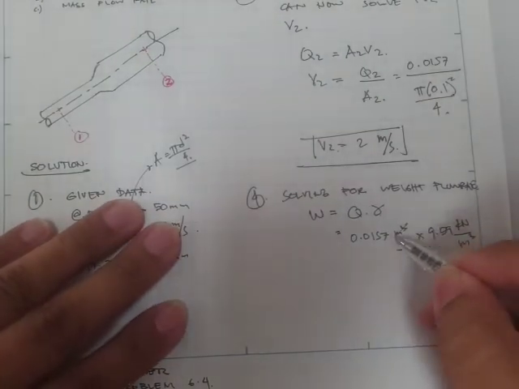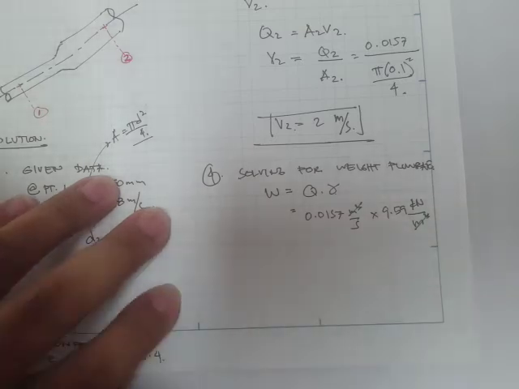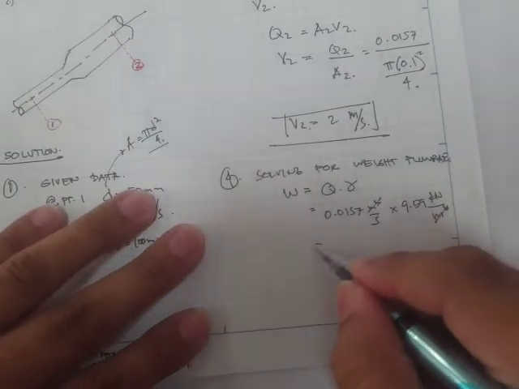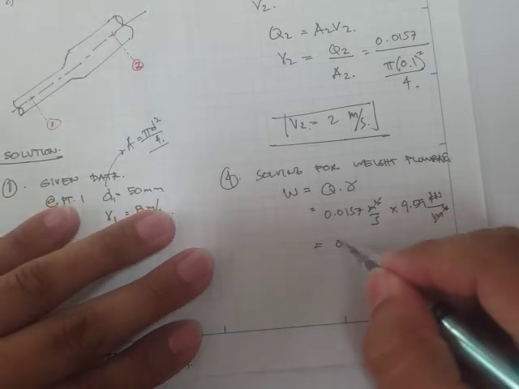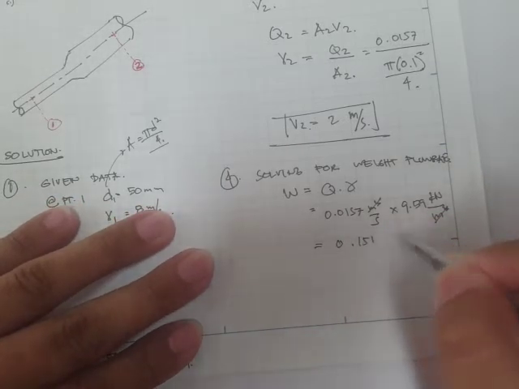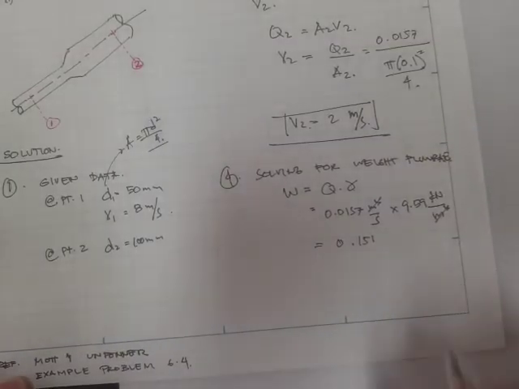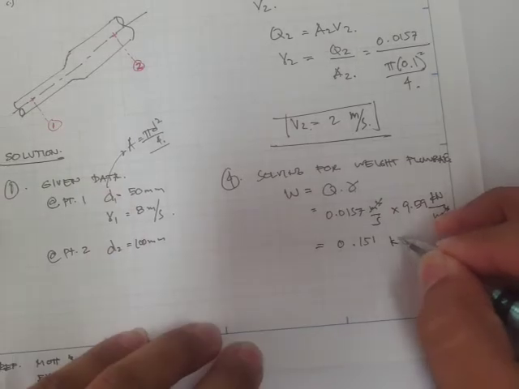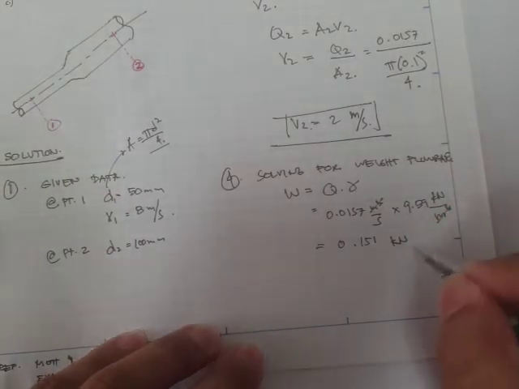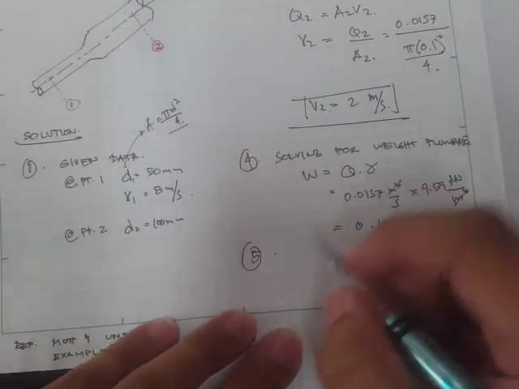Okay, so we have meter cube in the numerator, and here we have meter cube in the denominator, and therefore we can solve, and we'll have 0.151 kilonewton per second.